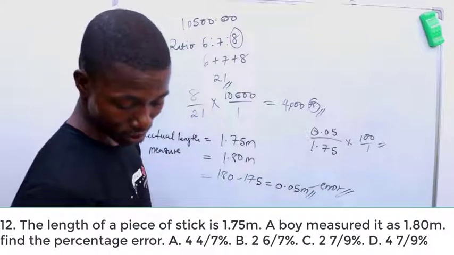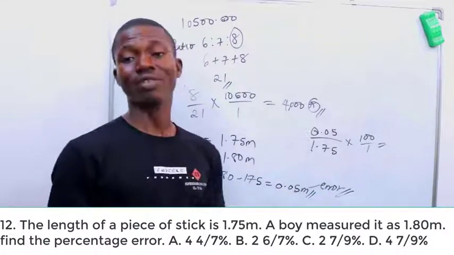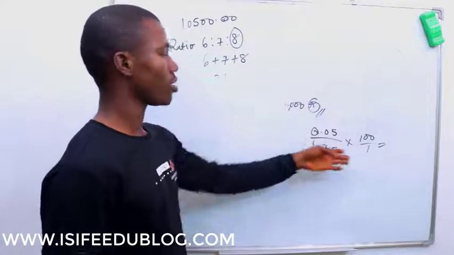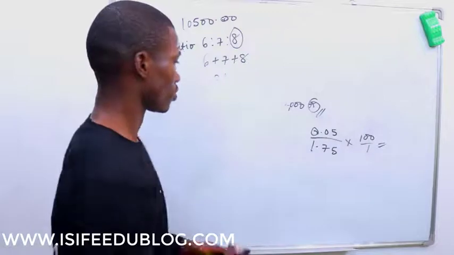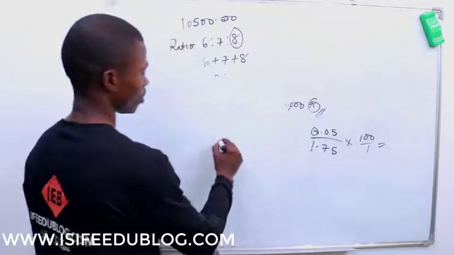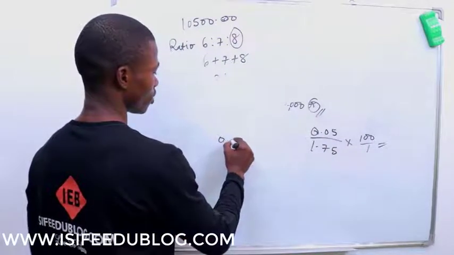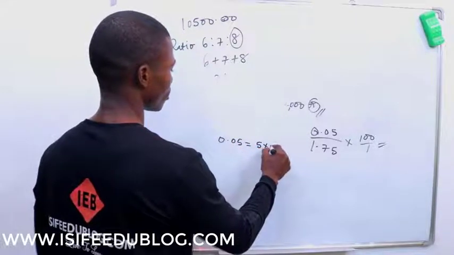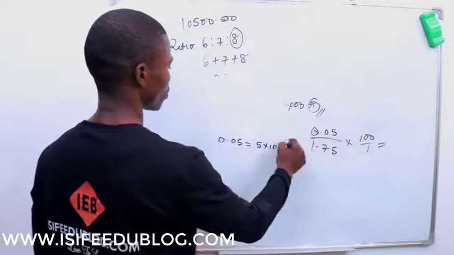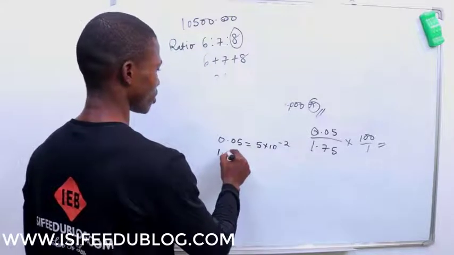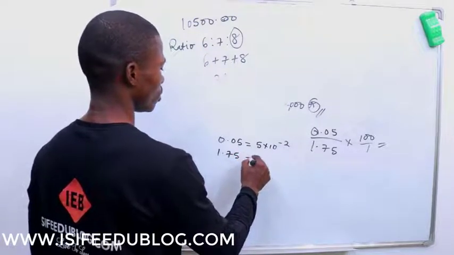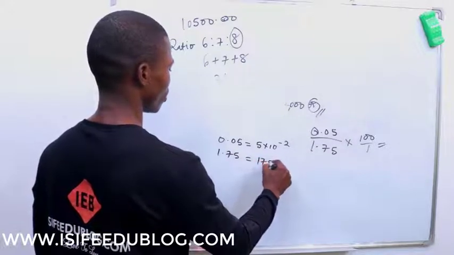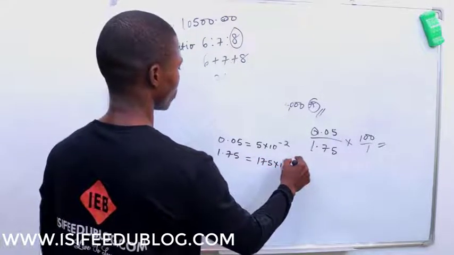But one thing here is, if you look at the options, they are in fractions. So let's convert everything and solve once. Here we convert 0.05 to 5 times 10 raised to the power minus 2. 1.75 will give us 175 times 10 raised to the power minus 2.